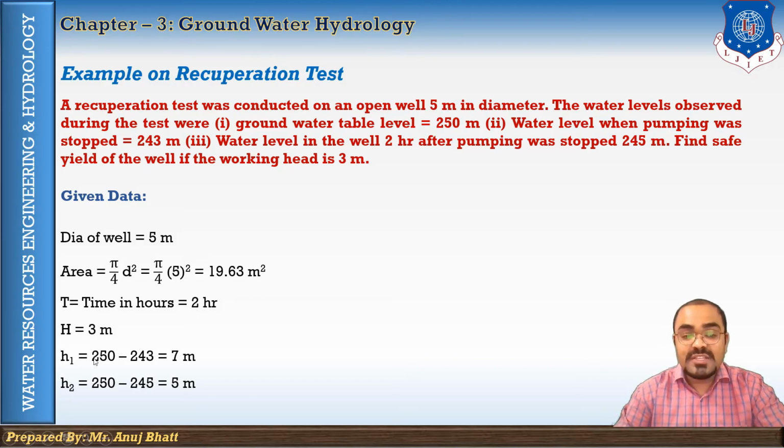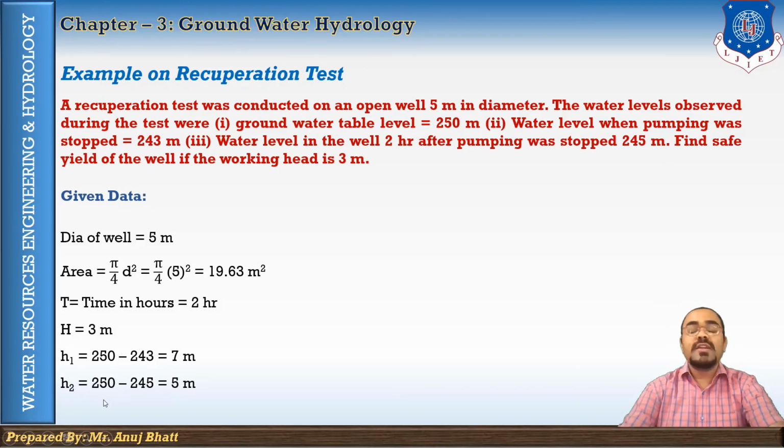So H1 is equal to 250 minus 243, that is 7 meter, and after pumping the water level was 245 meter. So H2 would be 250 minus 245, that is 5 meter.